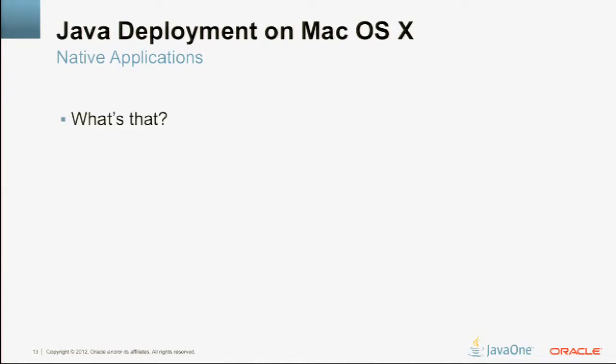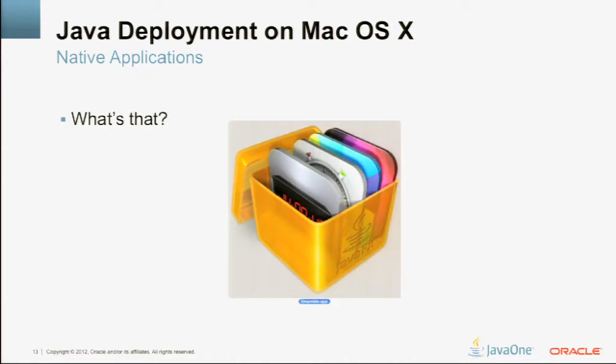But a bundled native app, you know what that is. You work with them all the time. It's name of the application.app, and it's just this one file that the user drags around. And so all the contents of your app stay together.